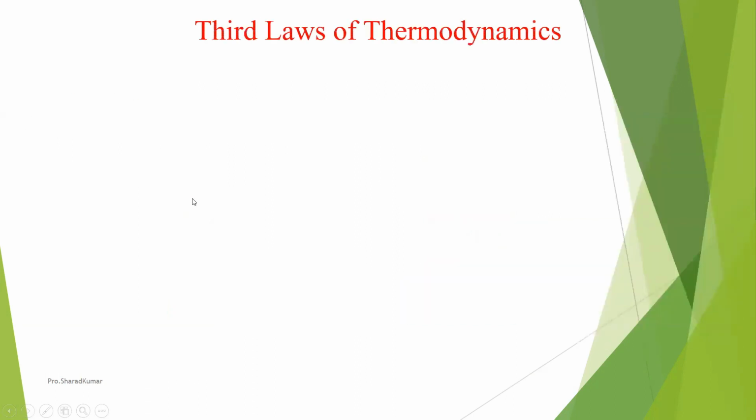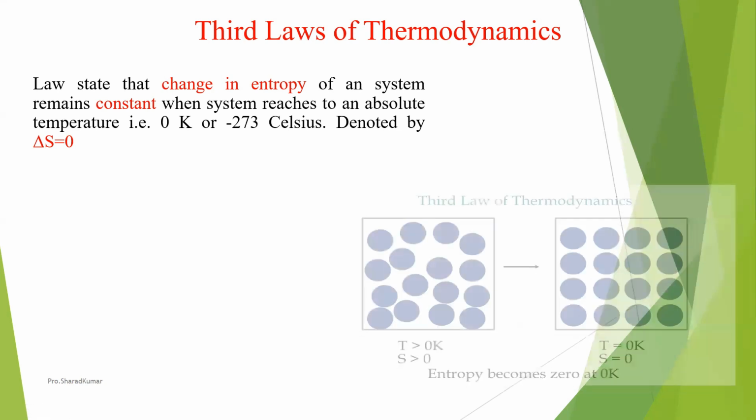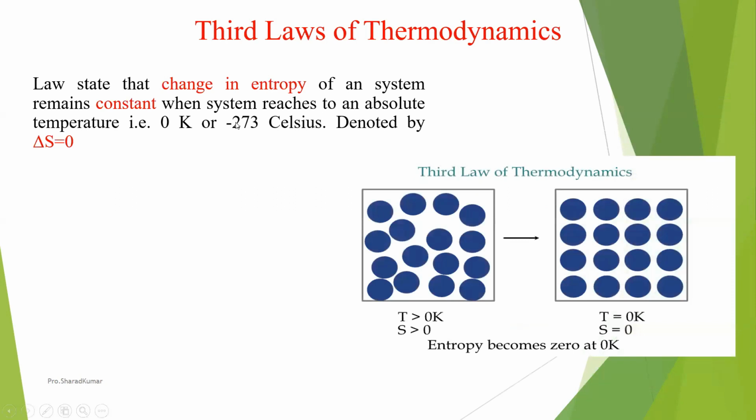And next we have the third law of thermodynamics. The third law of thermodynamics states that the change in entropy of a system remains constant when the system reaches absolute zero temperature, that is 0 Kelvin or minus 273 degrees Celsius, and it is denoted by delta S equals 0. It is nothing but the change in entropy remains constant at that temperature.